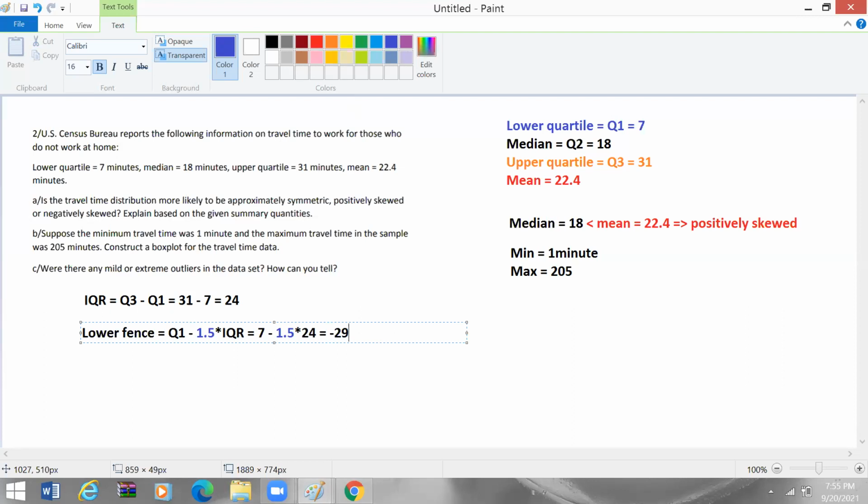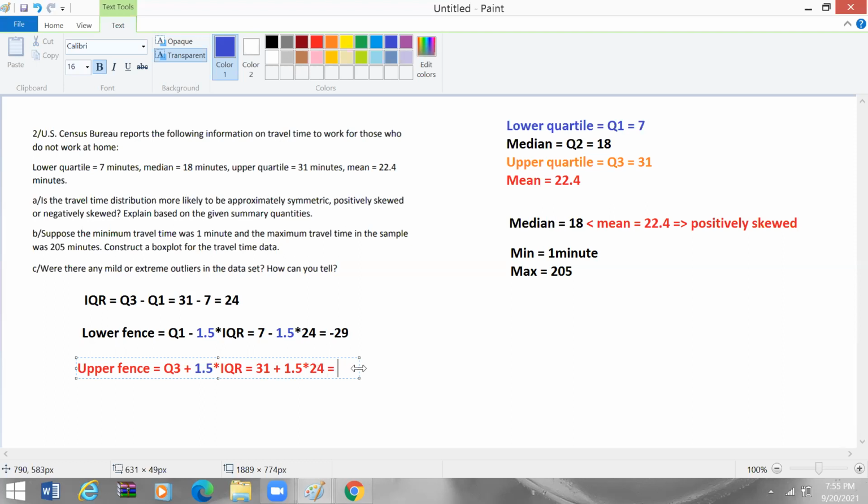That makes no sense. Okay, so for the next part we need to compute the upper fence. The upper fence in this case can be determined by Q3 plus 1.5 times the IQR. So for that example, the Q3 that we have is 31 plus 1.5 times 24.